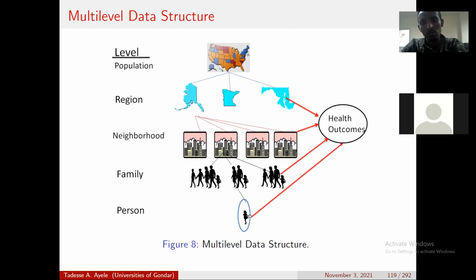So if you want to analyze the data from the subject, you have to take into account the characteristics of the household, the characteristics of the neighborhood, and the characteristics of the region. So the point here is, it's not only the individual level variable which affects the health status of that individual. Rather, family level variables also affect the individual outcome.